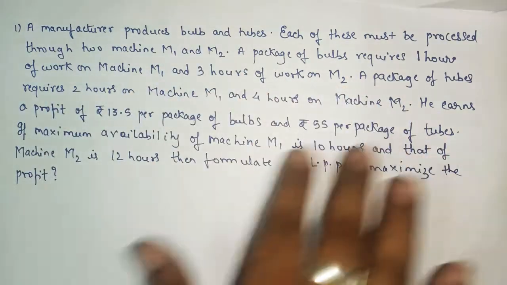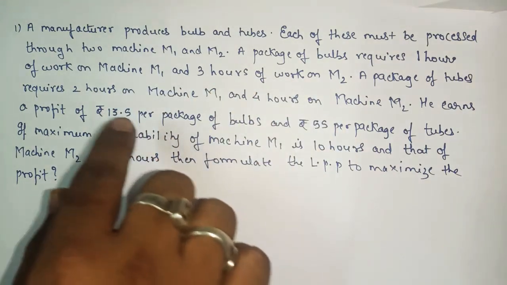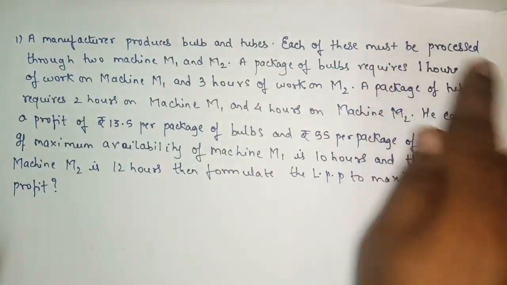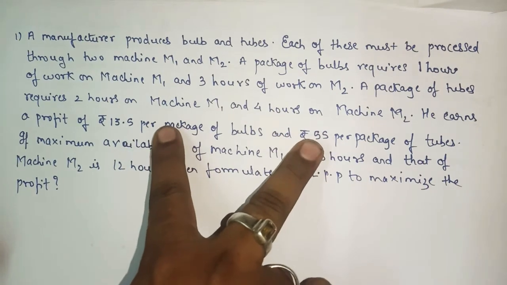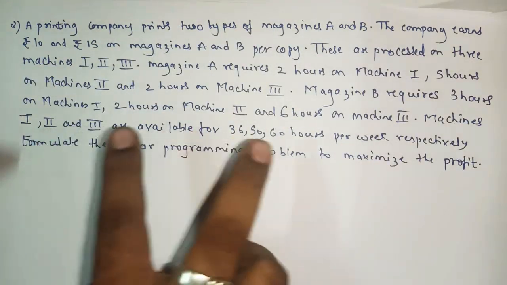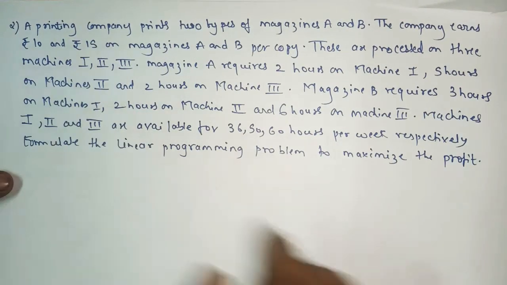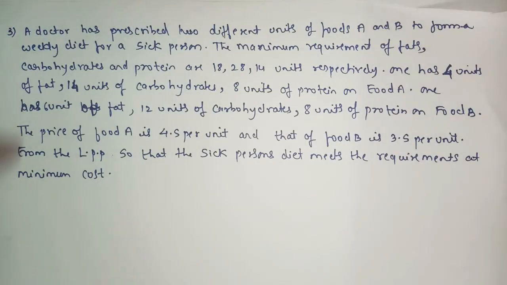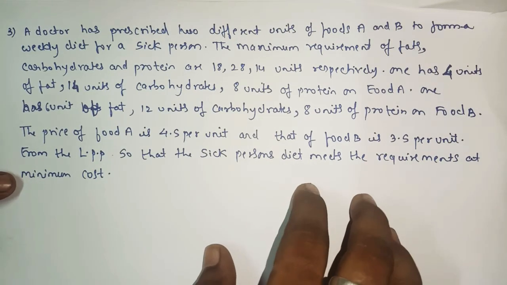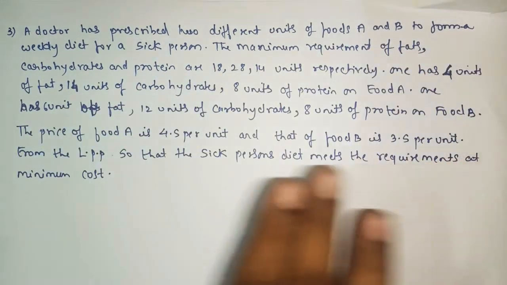First, based on this one, where you will see machines, hours, rupees. In the second question also you can see clearly that the whole question has rupees. In the third question, can you see rupees?